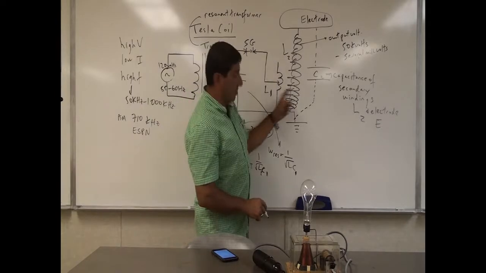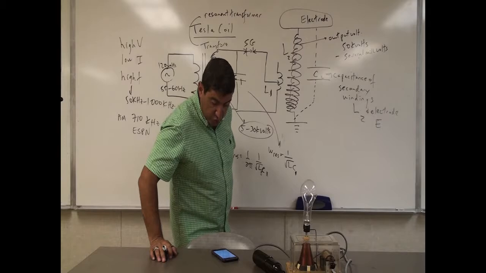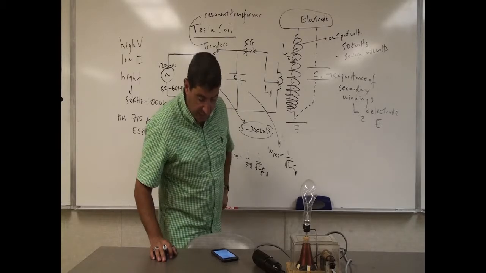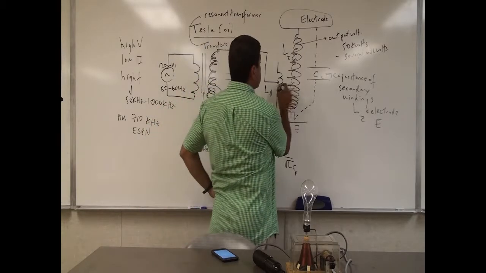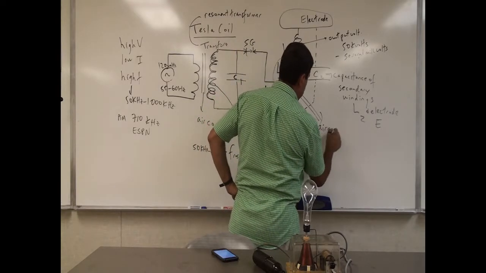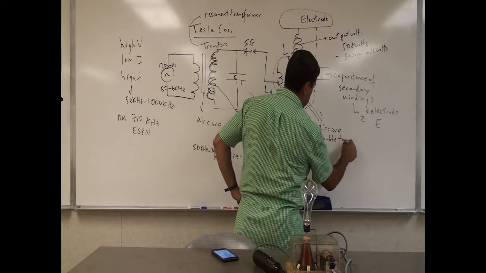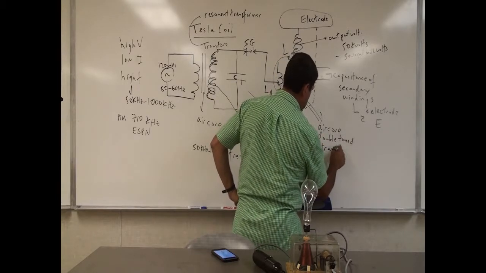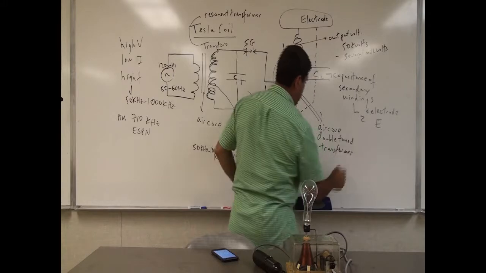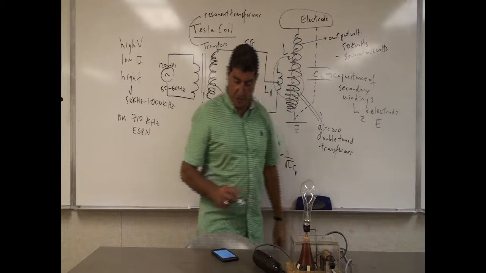Then you have the Tesla coil itself, which is an air core double-tuned resonant transformer, which generates the high output voltage. So this one itself is also an air core double-tuned transformer, right? So then it steps it up again to the desired voltage that you have.